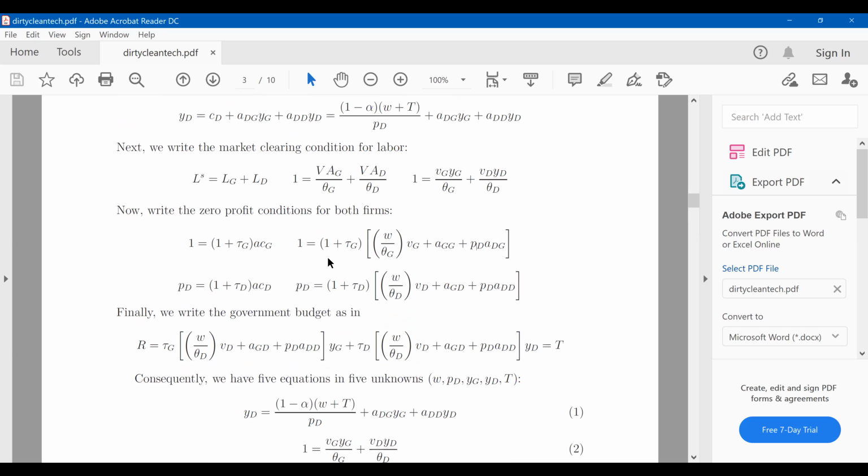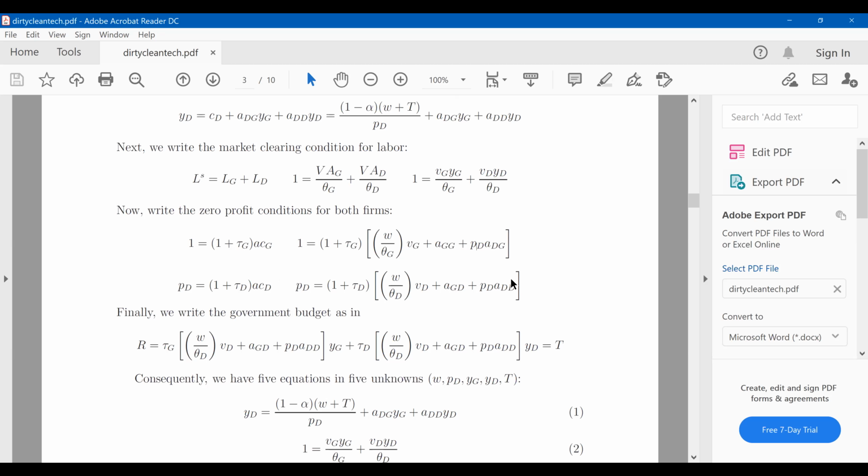But then there is the tax. So the price must be before tax average cost times this 1 plus tau. Okay, the same is true for the dirty firm. Again, exactly as in the textbook, the same technique, but the model is now much simpler and we are writing everything explicitly.